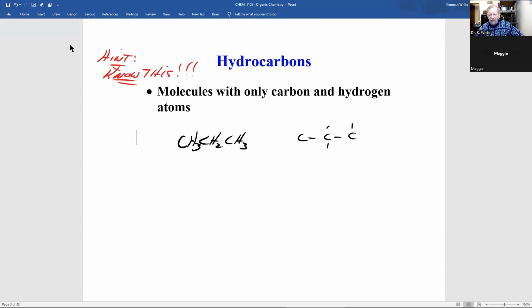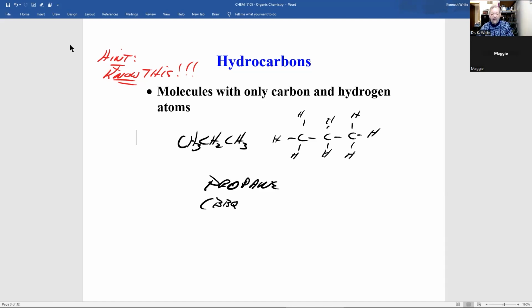Each line is a pair of electrons, a covalent bond. And this is propane. That's the name of this chemical. Oh, you know propane. It's used for your barbecue.